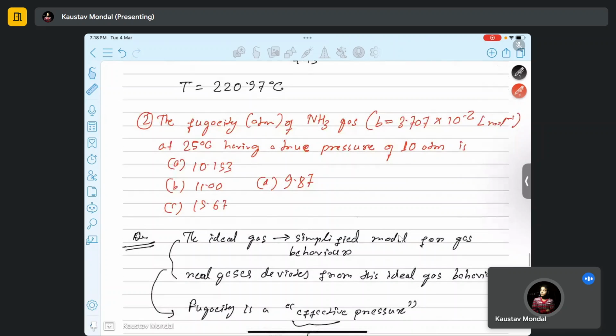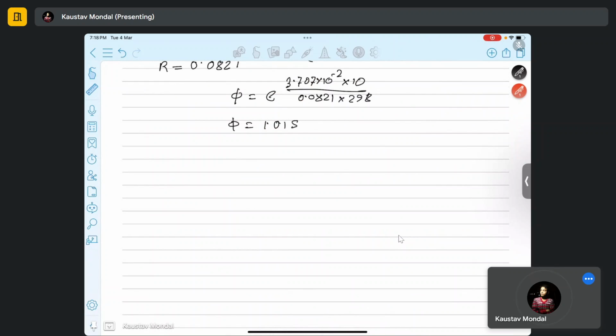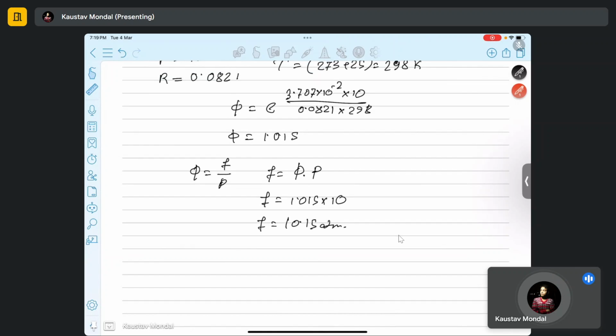Now in the problem, you have to find the fugacity, that means the effective pressure. Since phi is equal to F by P, F equals phi into P, so F equals 1.015 into 10, which gives 10.15 atm. So this is the value of the fugacity.